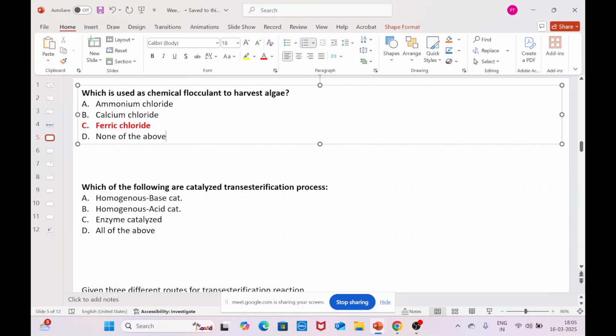Okay. So you said chemical flocculants are something that enhances flocculation, something to do with flocculation.